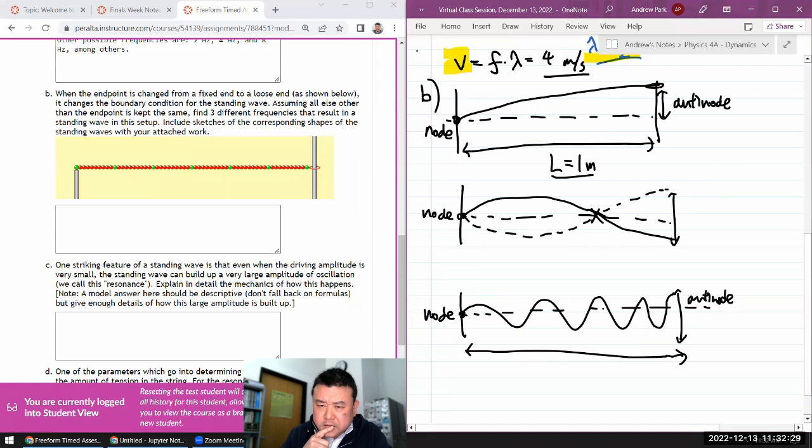So I think it's worth going through each of the pictures and coming up with an expression for the wavelength. Here, again, this is a quarter of the whole wavelength. So flipping that around, the wavelength should be 4 times this, or 4 meters. That way I fit a quarter of it in 1 meter. Here, I am fitting 3/4 of a wavelength.